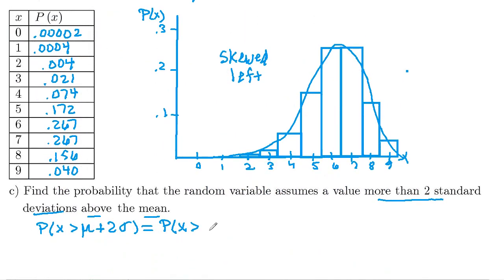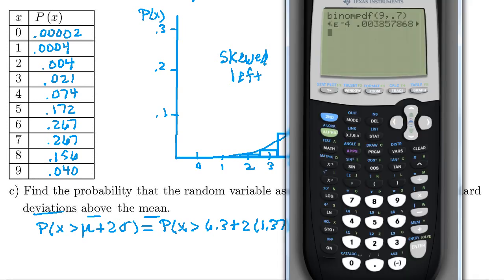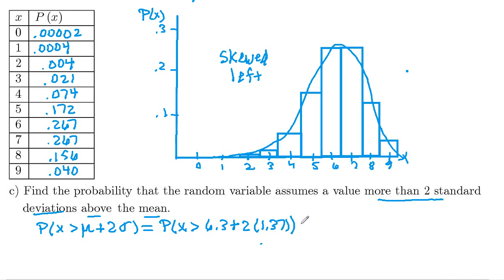So this will be 6.3 plus 2 times that 1.37. So let's key that in the calculator. So 6.3 plus 2 times 1.37, 9.04.